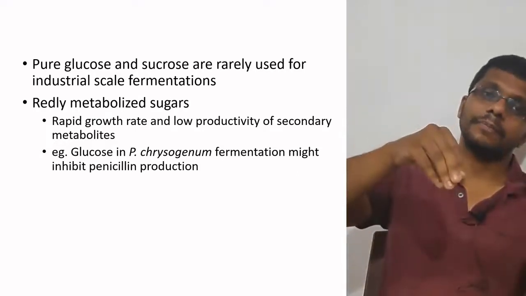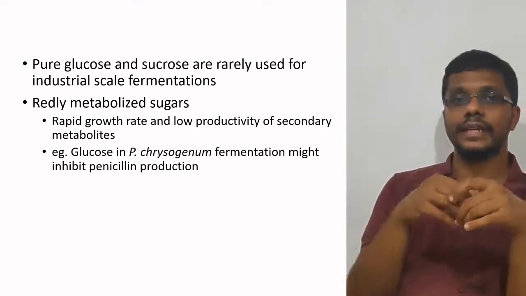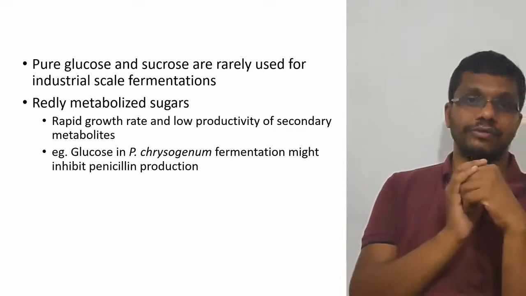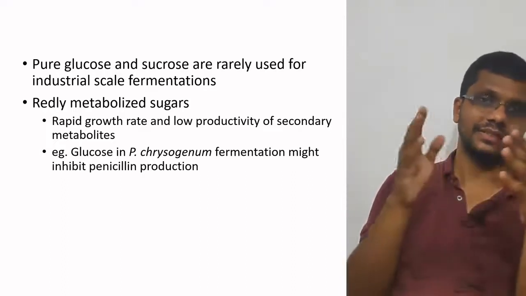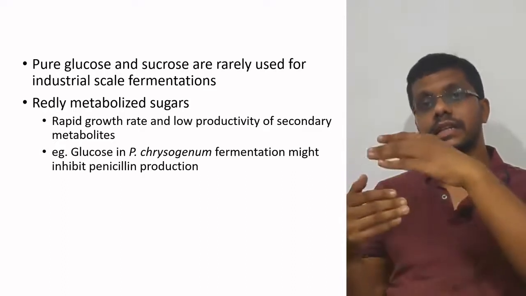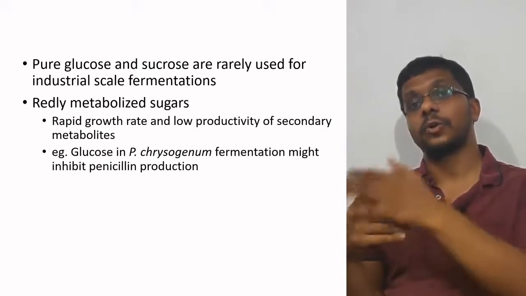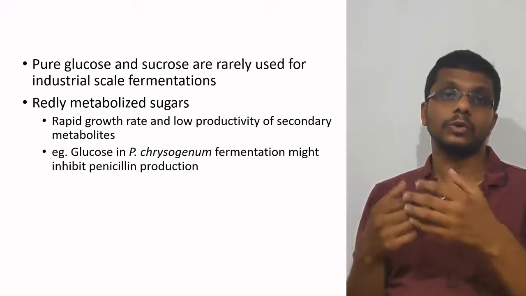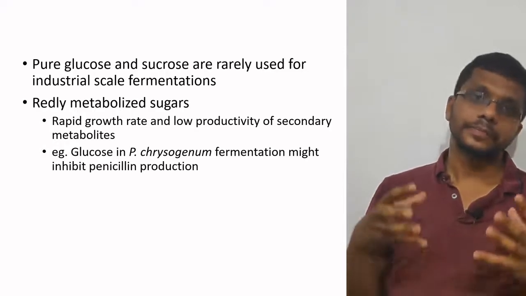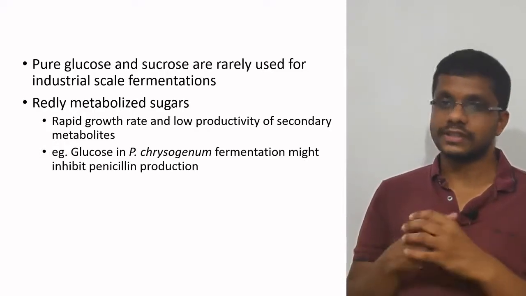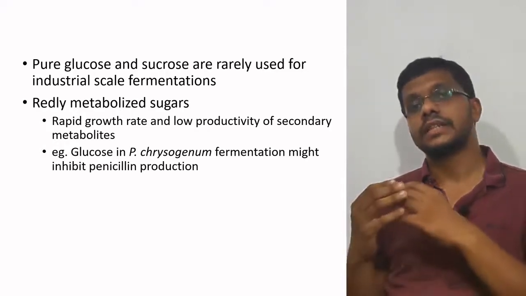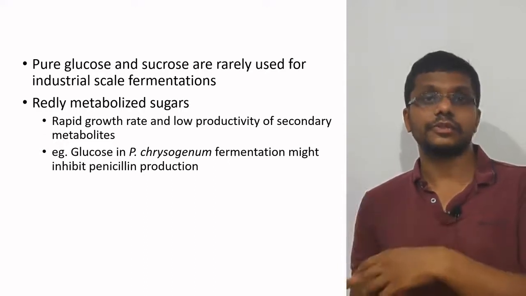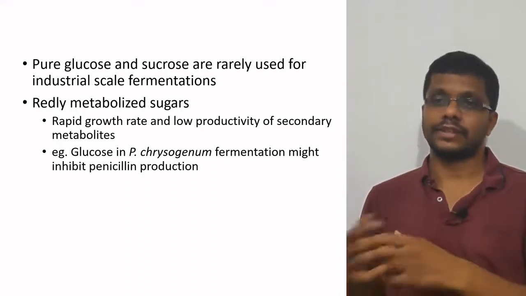If you add monosaccharides into the medium, the bacteria will be maintained in the log phase. It won't go to the stationary phase. Stationary phase is when there are nutrient limitations or toxin limitations. So if you keep adding rapidly utilizable sugars, the microorganism won't grow to the stationary phase, and therefore it won't produce secondary metabolites.